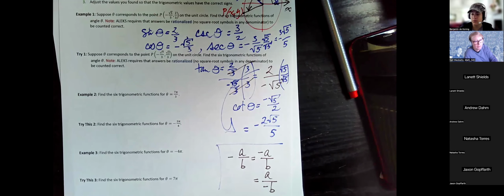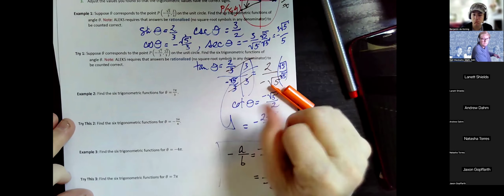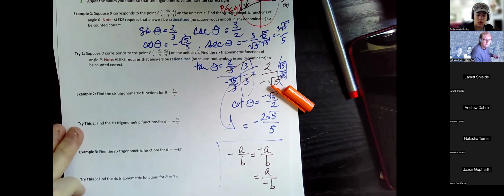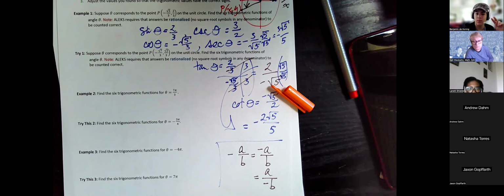Was there any aspect to this question that you think would be good to go over before we continue? Actually, I do have a quick question. When I was doing that, I flipped tangent before I rationalized it, and I also flipped it after I rationalized it.